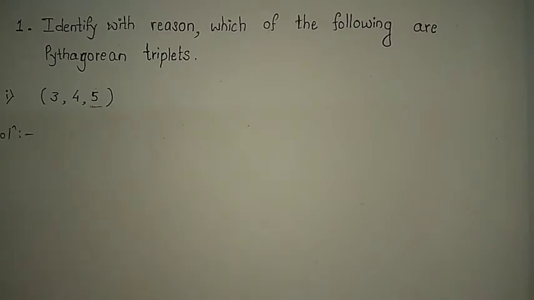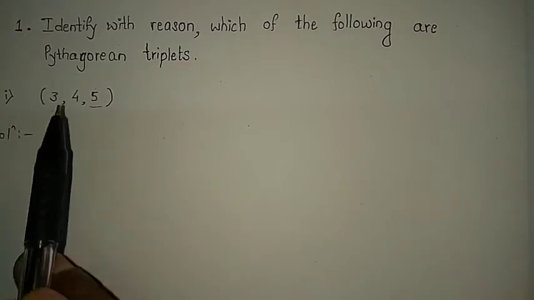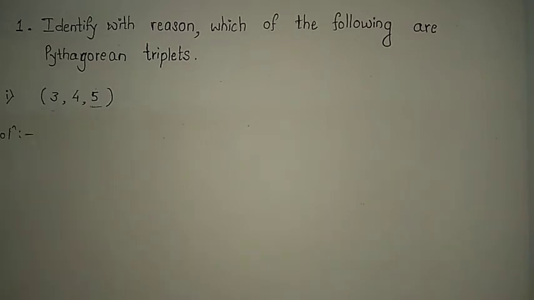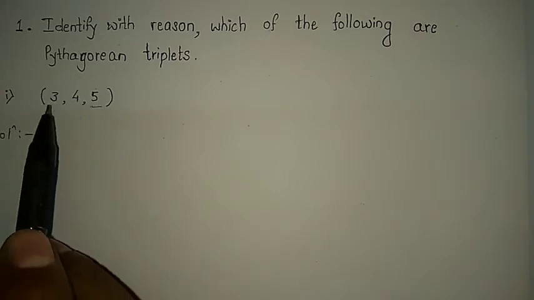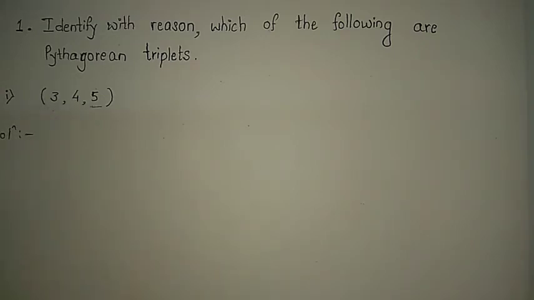And what does Pythagoras theorem state? Its statement is: the square of the greatest side, that is the square of the hypotenuse, is equal to the sum of the squares of the remaining two sides. So we have to check here whether the square of the greatest side is equal to the sum of the squares of the remaining two sides.